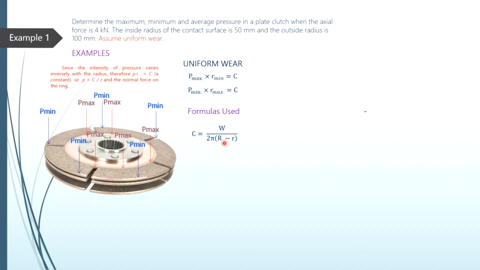The uppercase letter R is the maximum radius, and this is the lowercase letter r. The maximum radius should be 100 mm or 0.1 meter, depending on whether you want to express your C in Newton per millimeter square, Newton per millimeter or Newton per meter.